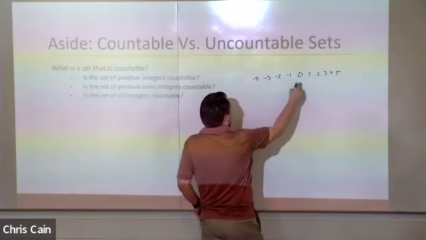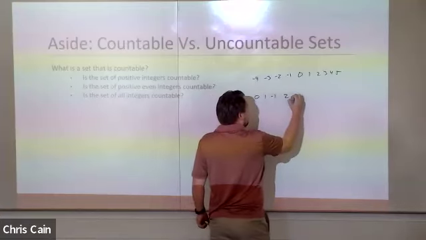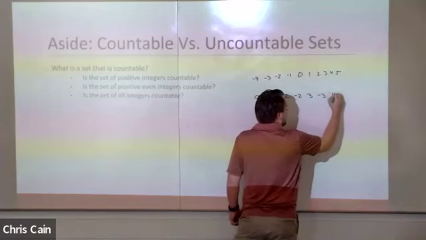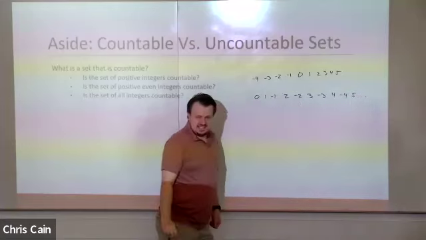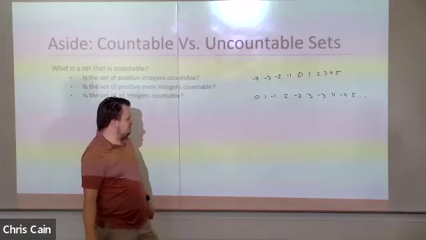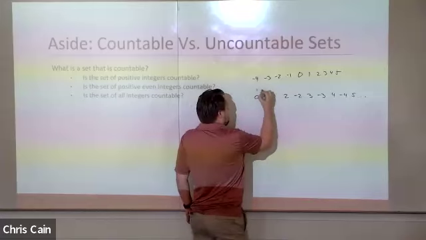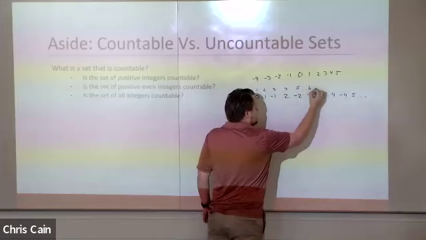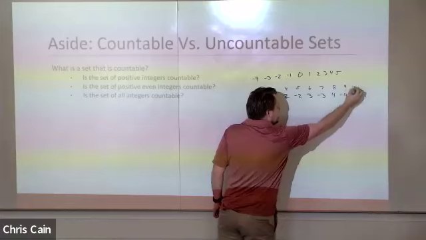So this order now would be 0, 1, -1, 2, -2, 3, -3, 4, -4, 5, etc. And this would hit every integer regardless of positive, negative, 0. We just have now a mapping that goes 1, 2, 3, 4, 5, 6, 7, 8, 9, 10, etc.